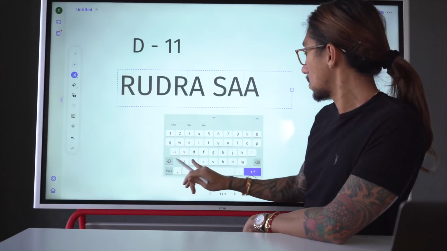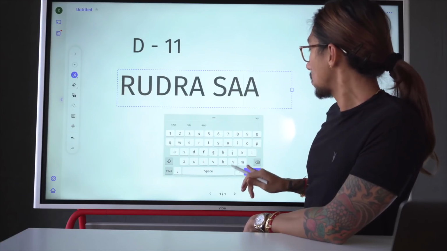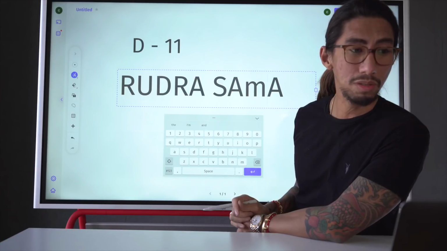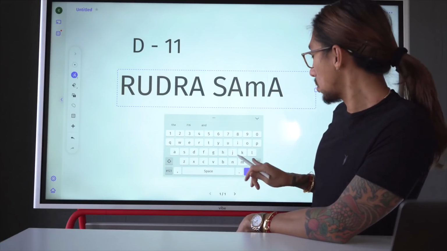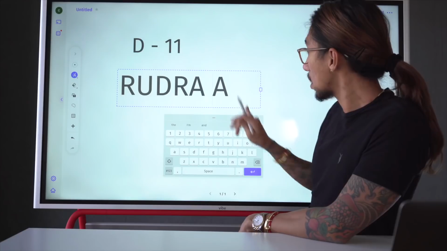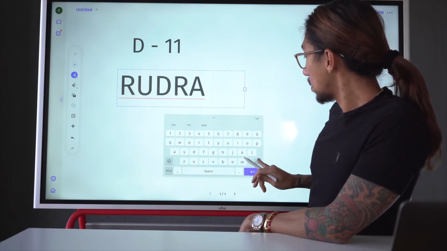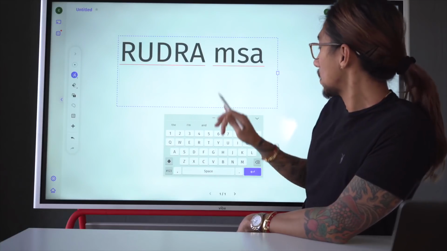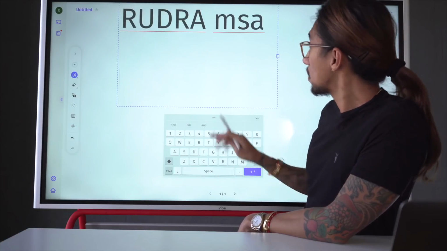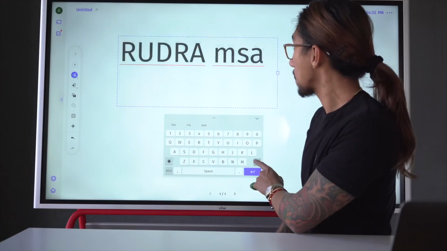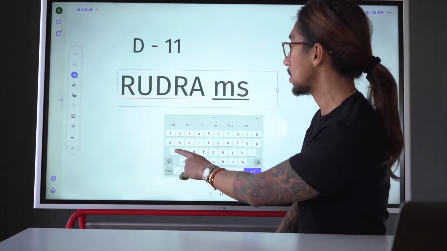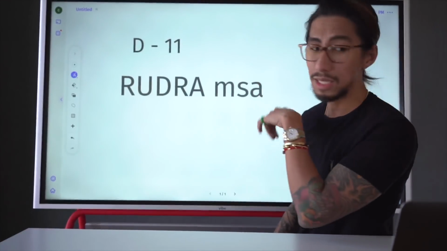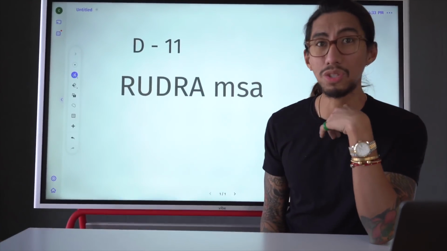Okay, correct. Rudramsa. Okay, Rudramsa is the D11, which is death and destruction.